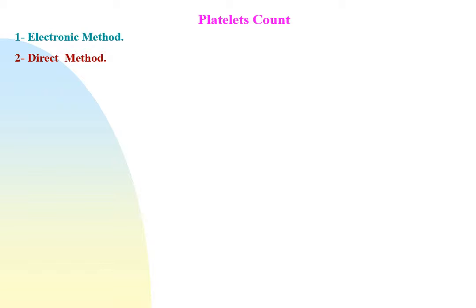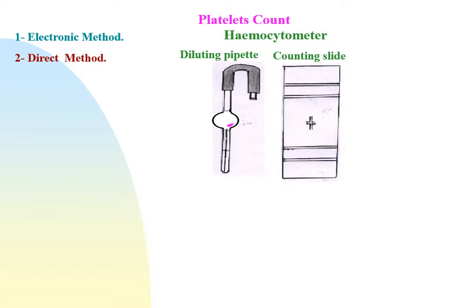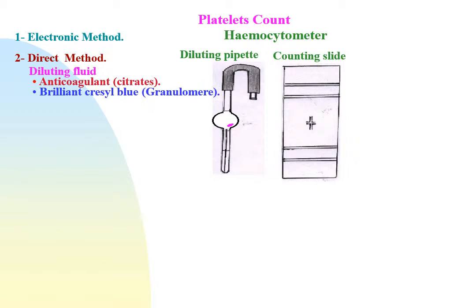Direct method: it is done by the haemocytometer using the pipette of red blood count. The diluting fluid contains anticoagulant citrate to prevent aggregation and clotting, and brilliant cresyl blue to stain the granulomere or chromomere of the blood platelet.